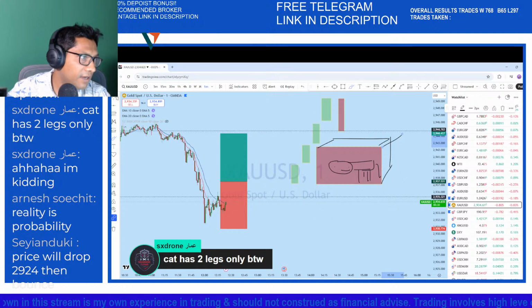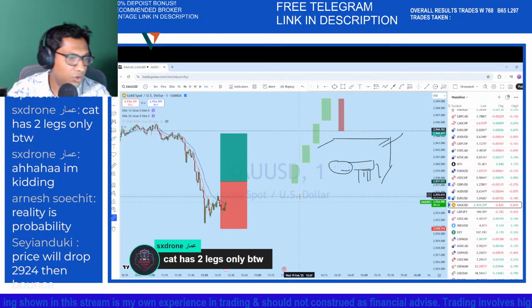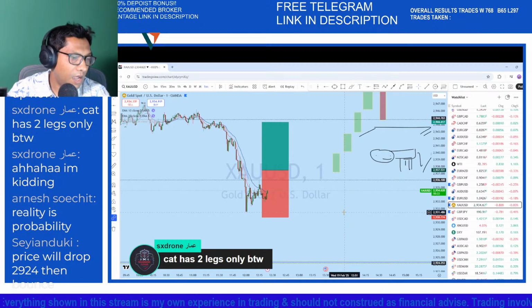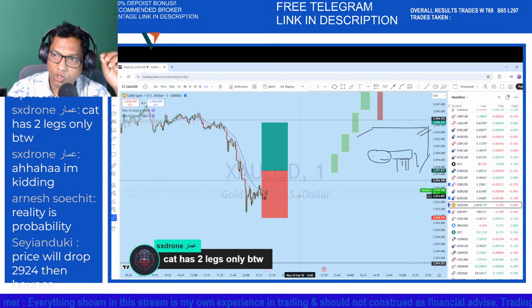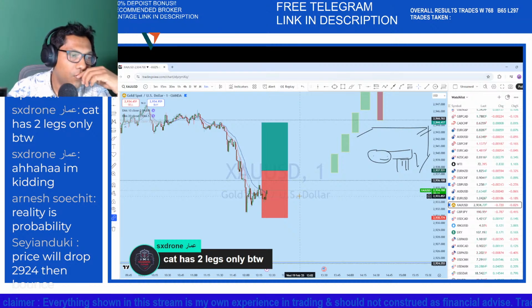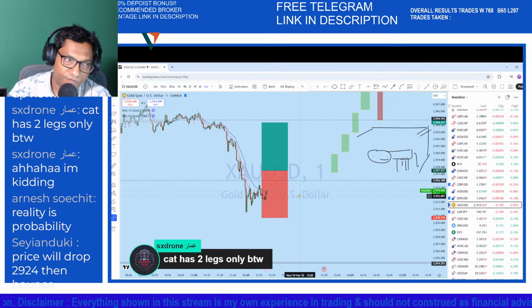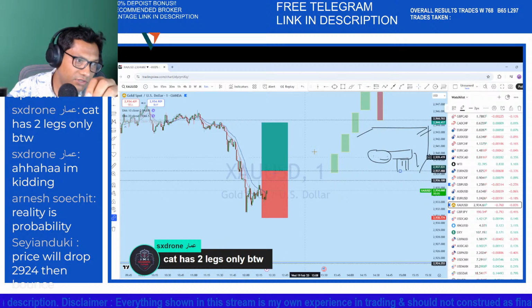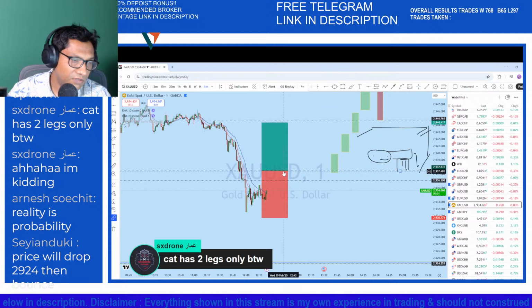So if you look at here, how do you implement probability in trading, right? When you open a trade or place a pending order, let's say the entry is here, 2937.46 is the entry.